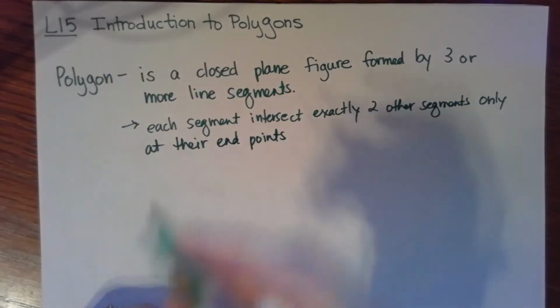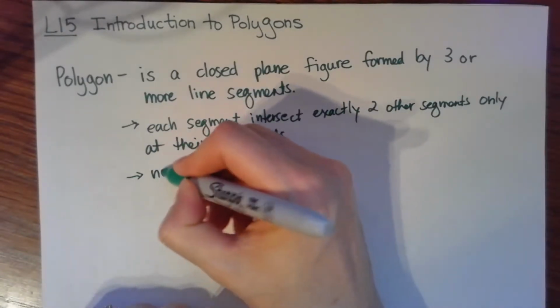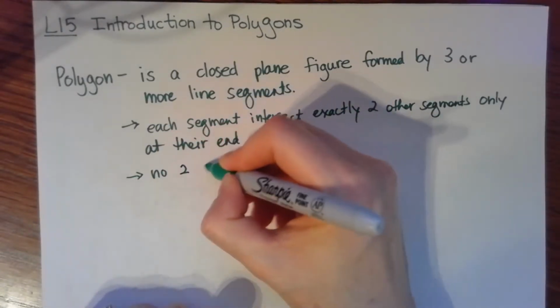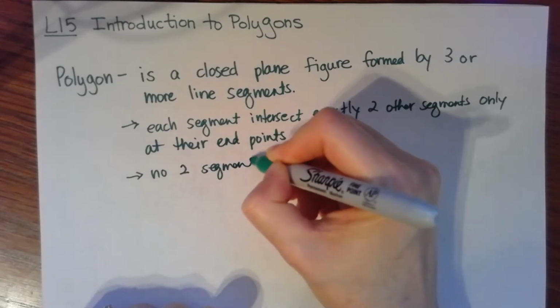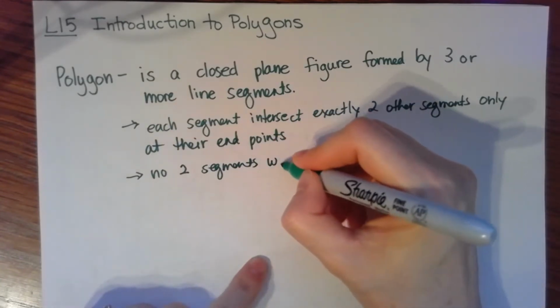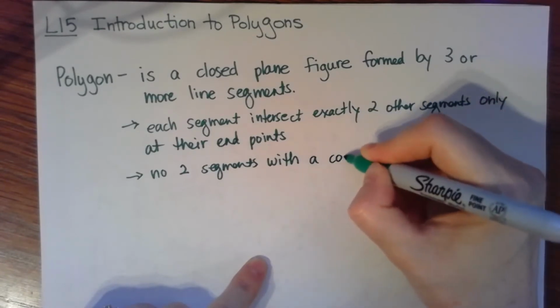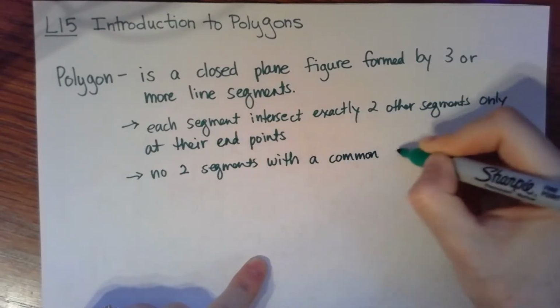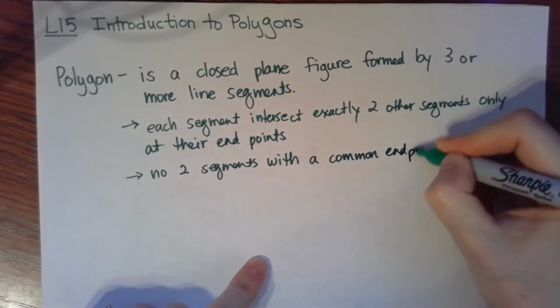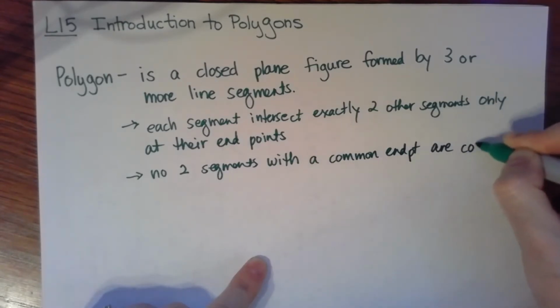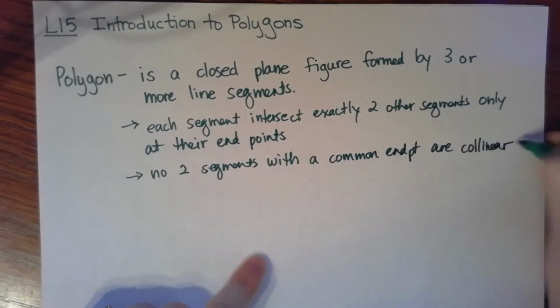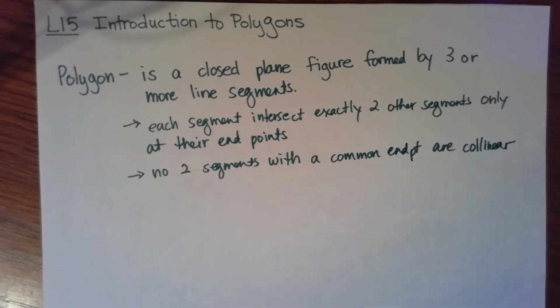And no 2 segments with a common endpoint are collinear. Okay, so that just gives us some more exact ideas about how we can draw these things.